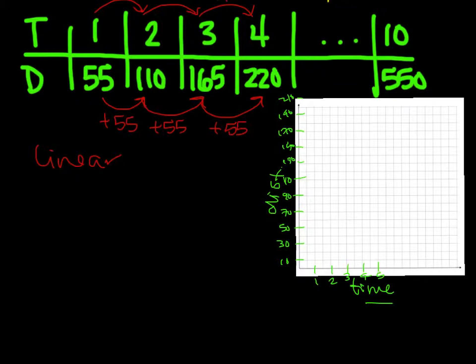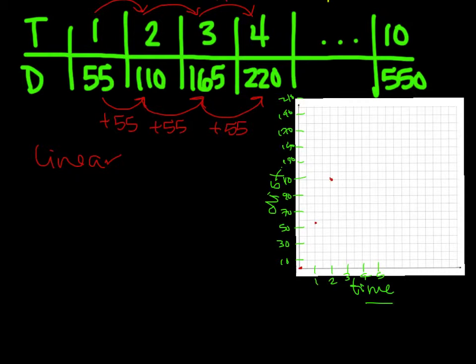So we can look at this. We have time at 1 hour. Well, first of all, we could say at 0 hours, she's starting from home. She's right there at home. At 1 hour, she's at 55 miles. So let's add that in there. She's about right in there. At 2 hours, she's at 110. So she's right there.